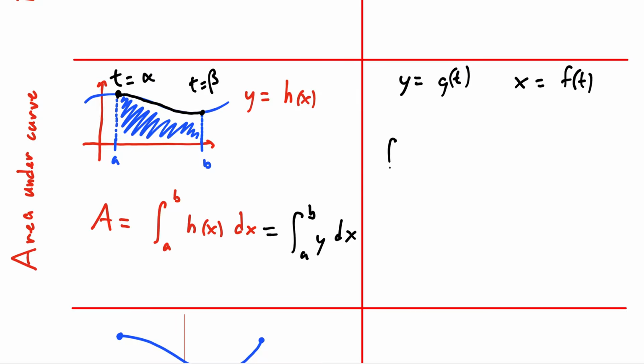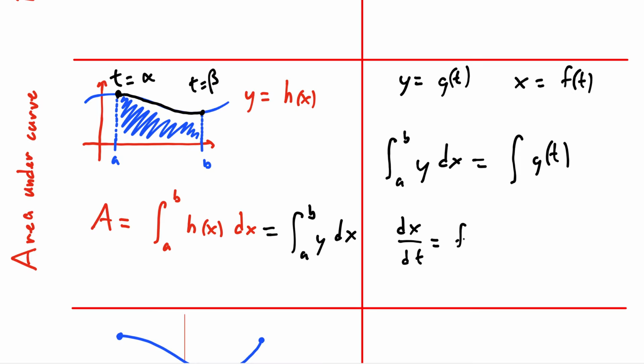So if we take our integral from a to b of y dx, let's replace the y with g of t. Next, let's think about dx. If I take dx and write dx dt, that's the same as f prime of t. That's the derivative of the x function with respect to t.